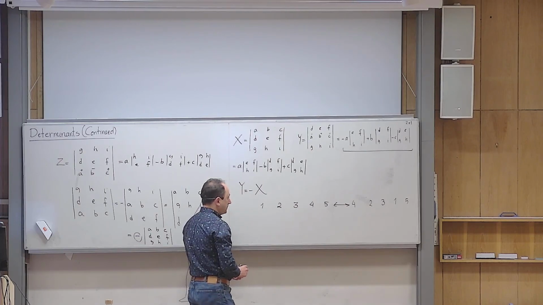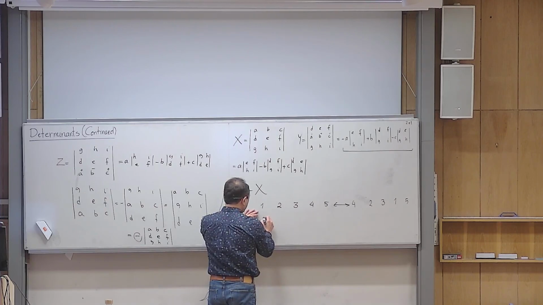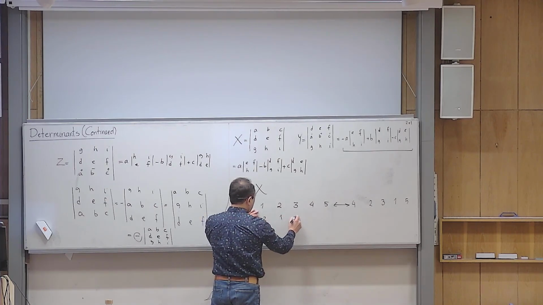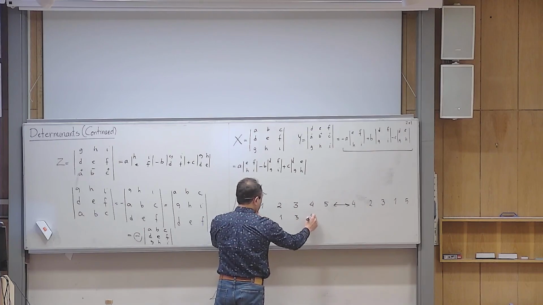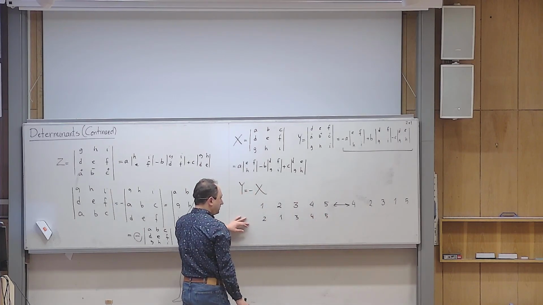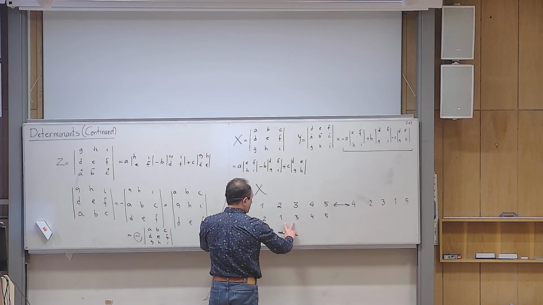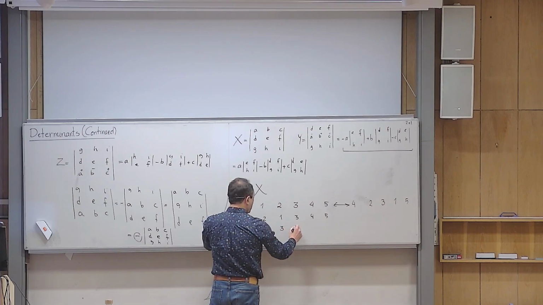Maybe you start with interchanging 1 and 2. Don't be optimal. So I put 2 here, 1 here, and then 3 here, 4 here, and 5 here. So this is one interchange, and then maybe 3 and 4. Let us do them in order, not to confuse ourselves.